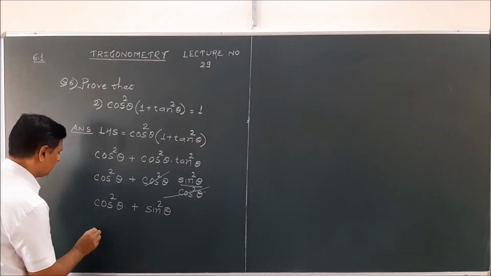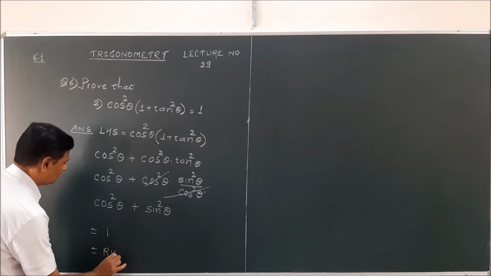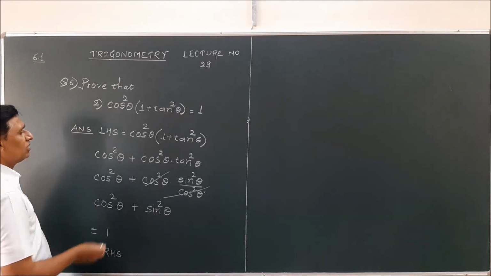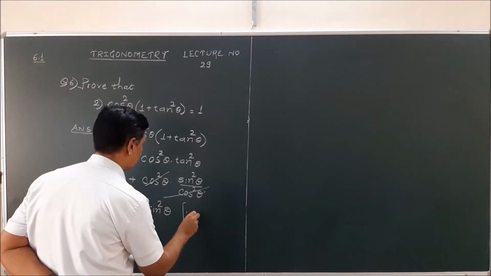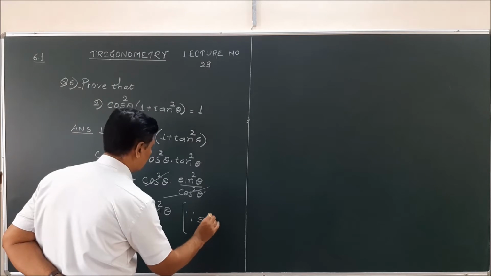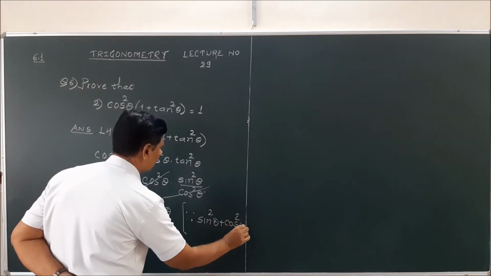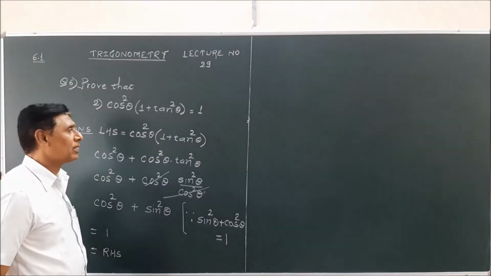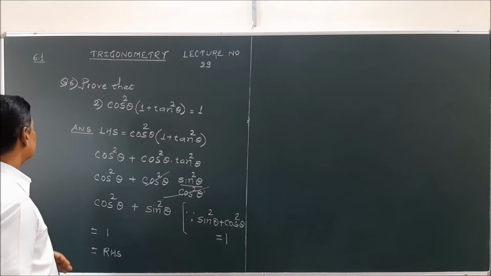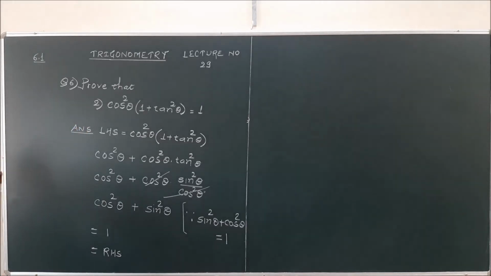So you will get 1, and that is equal to RHS. Here you must write a reason: sin square theta plus cos square theta is 1. So this is how I finished the second question of question number 6.